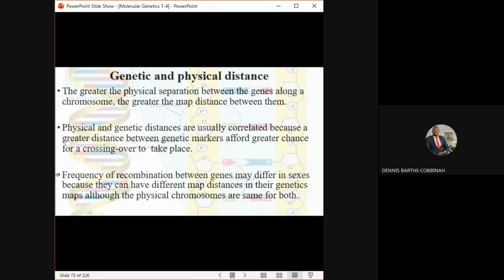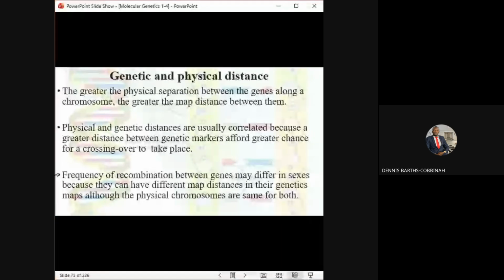But if they are closer, you have crossing over most unlikely to occur. So the frequency of recombination between genes may differ even between sexes, because they can have different map distances in their genetic maps, although the physical chromosomes are the same for both.